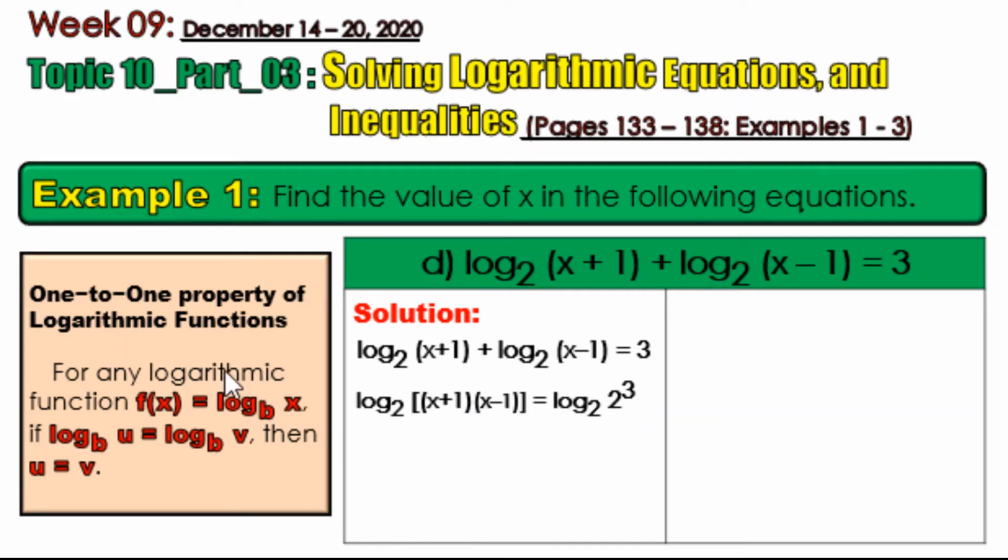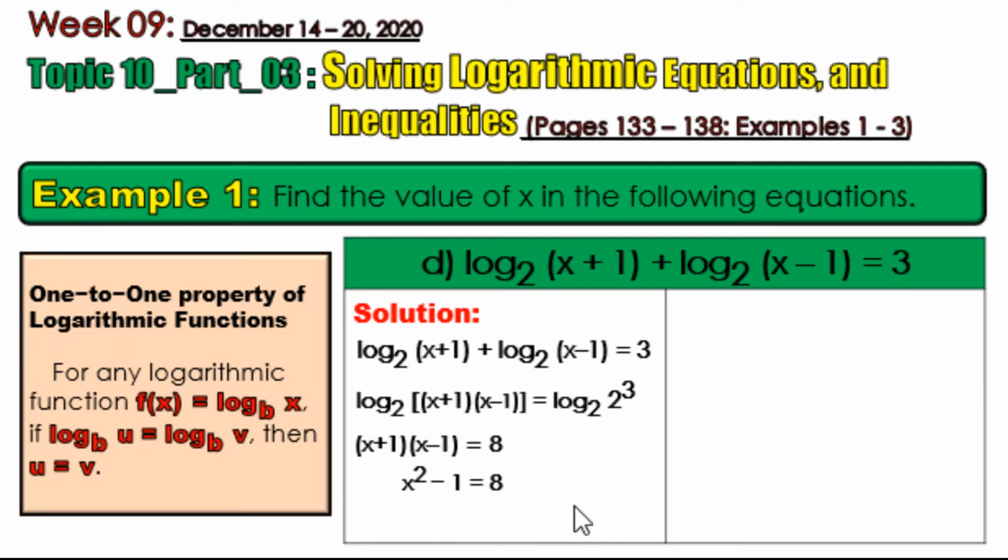Then by applying the one-to-one property of logarithmic functions, since we have the same base 2, we can equate x plus 1 times x minus 1 and 2 cubed. So x plus 1 times x minus 1 is equal to 2 cubed, which is 8. By applying the FOIL method, this is x squared minus 1 is equal to 8.